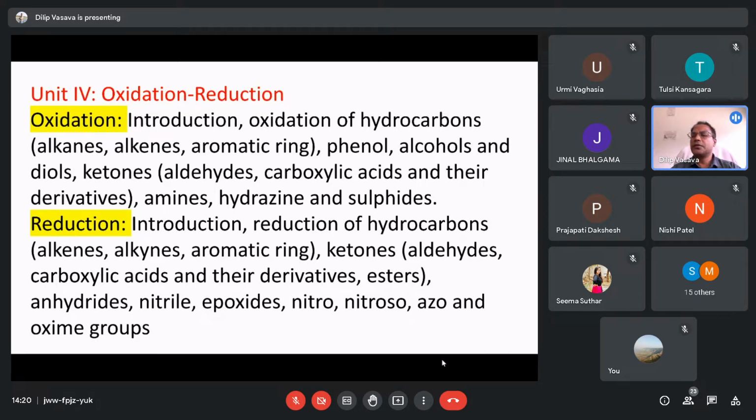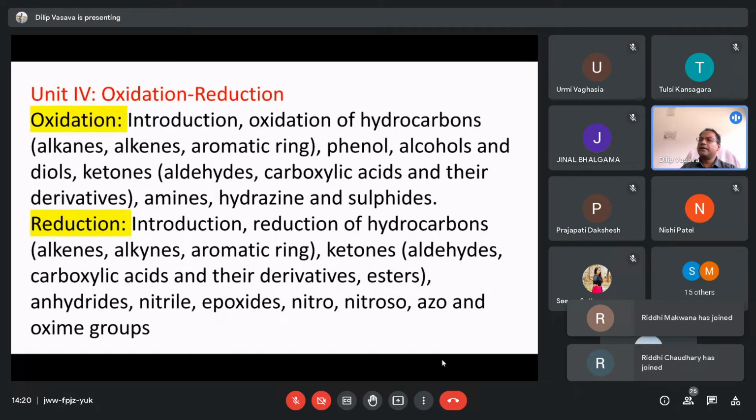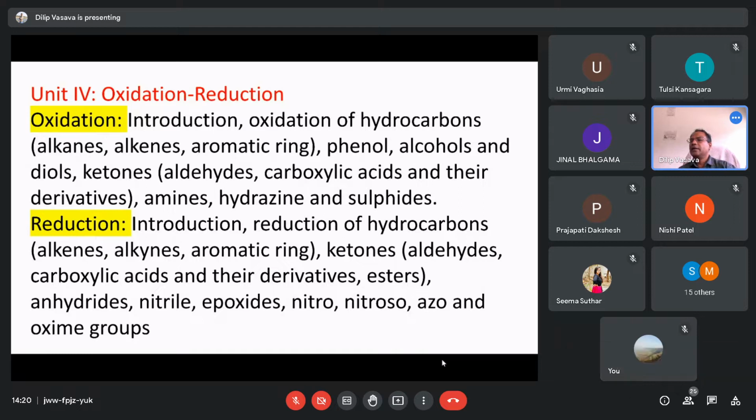Here also, the oxidation mainly can be carried out by the removal of electron. The second one is by removal of hydrogen atom, and by removal of hydride ion.